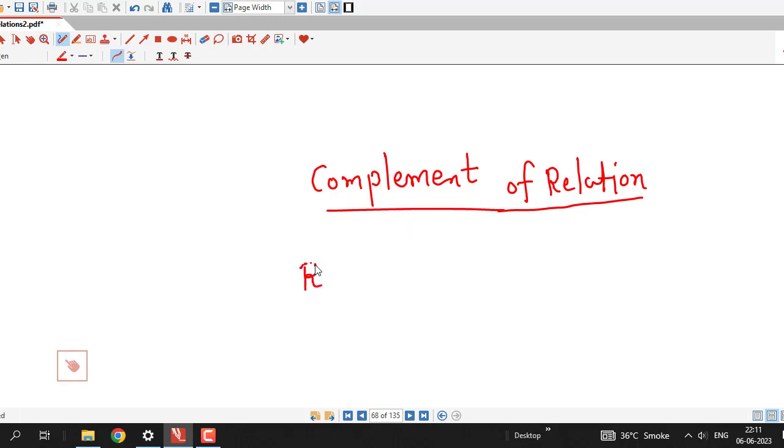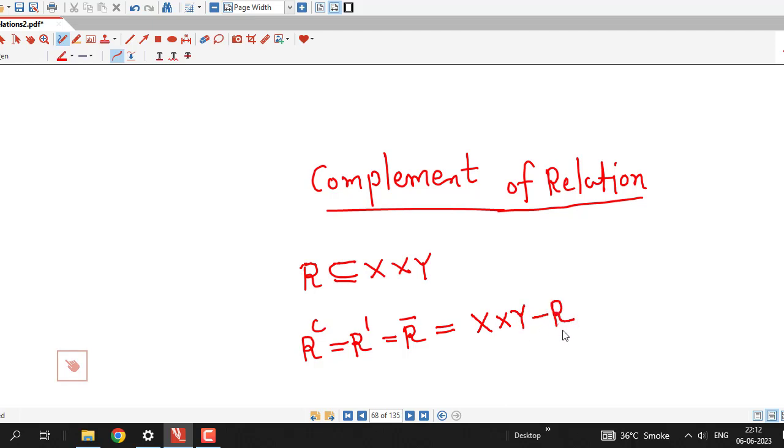So if R is a relation from X to Y, that is R is a subset of X cross Y, then the complement of R is denoted by R dash or sometimes R bar, and it is defined as X cross Y minus relation R, the difference of X cross Y and relation R, which is a subset of X cross Y.